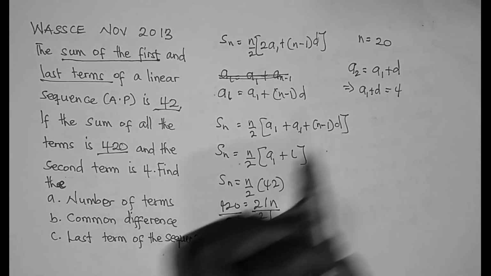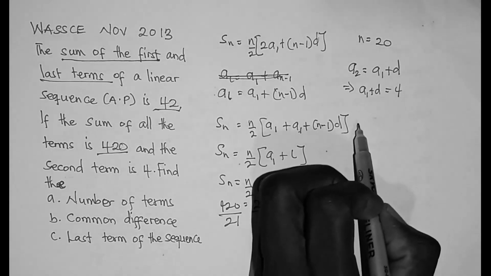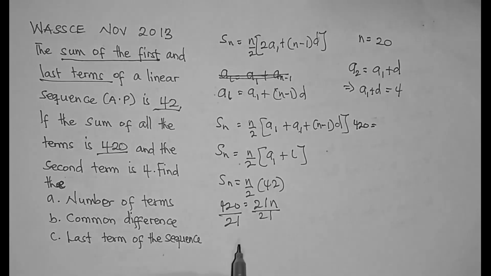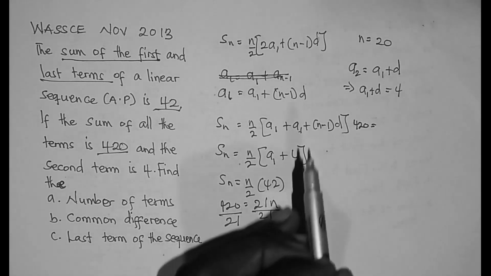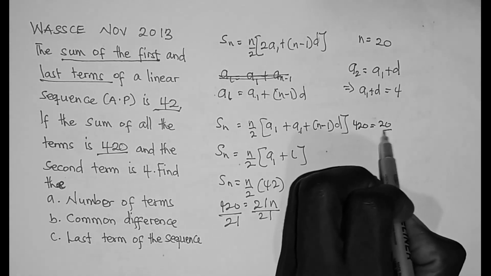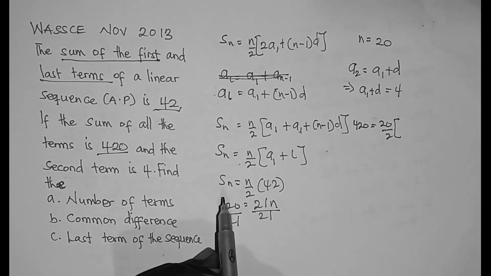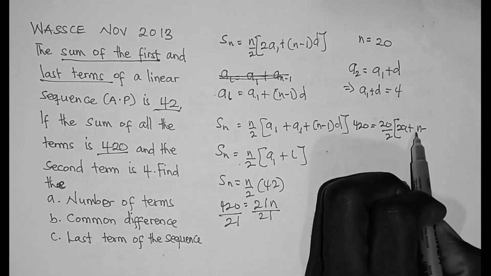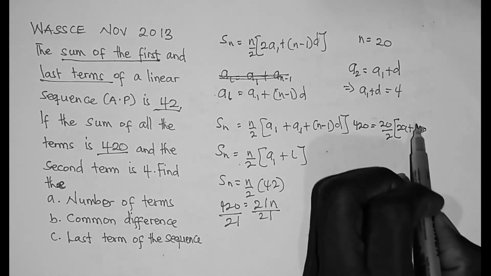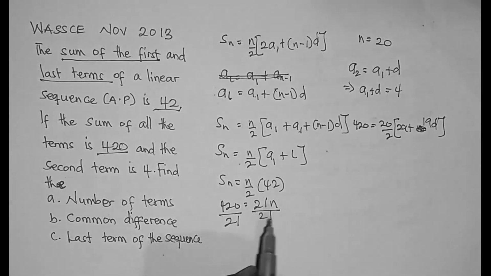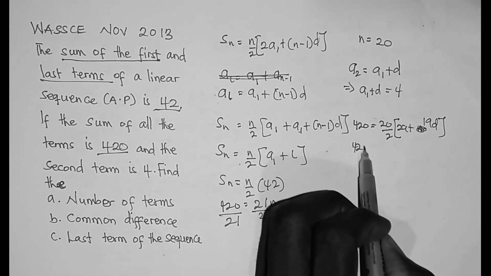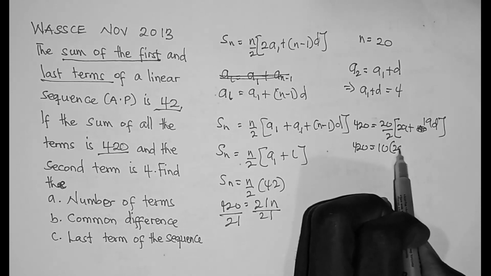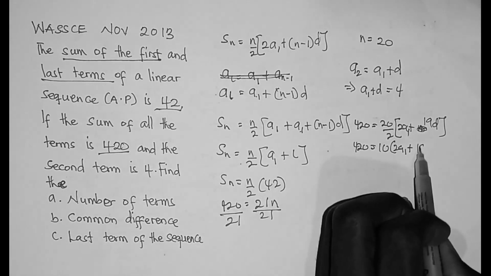The sum Sn is equal to 420, and n, the total number, is 20. So 20 divided by 2 times the bracket 2a1 plus n minus 1, and n is 20, so plus 19d. So 420 is equal to 20 divided by 2, which is 10, times 2a1 plus 19d.